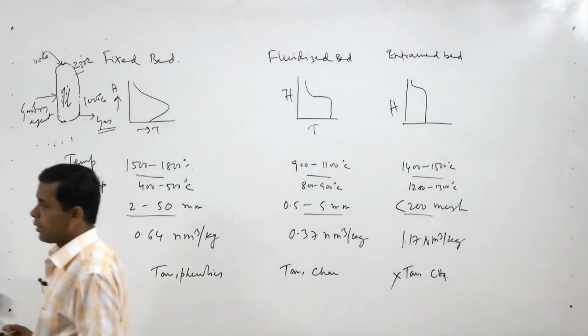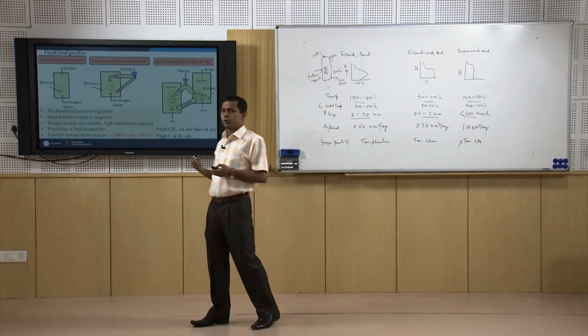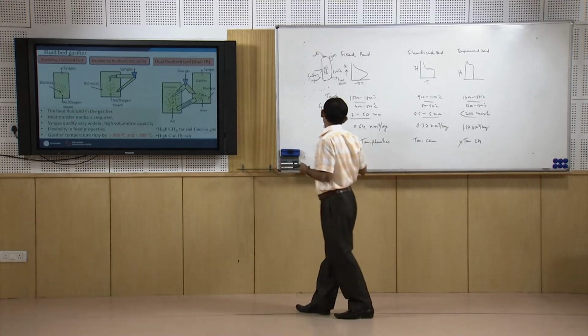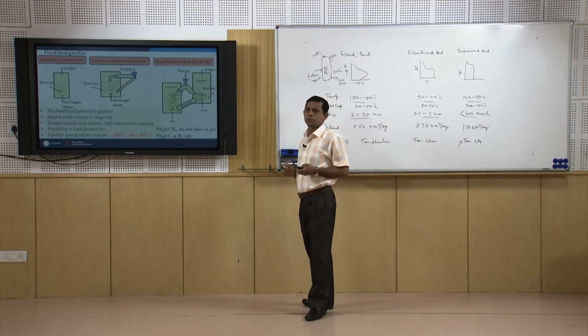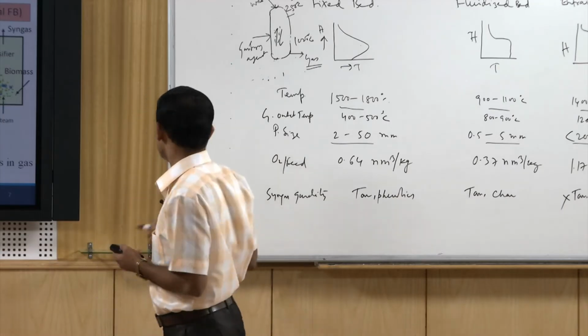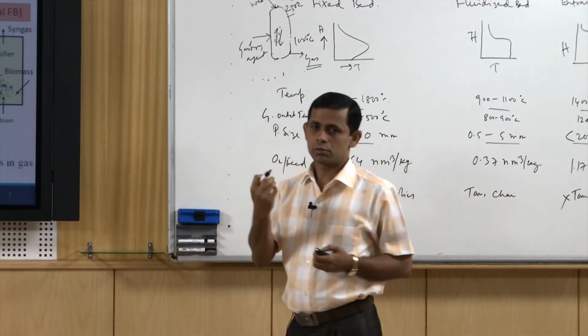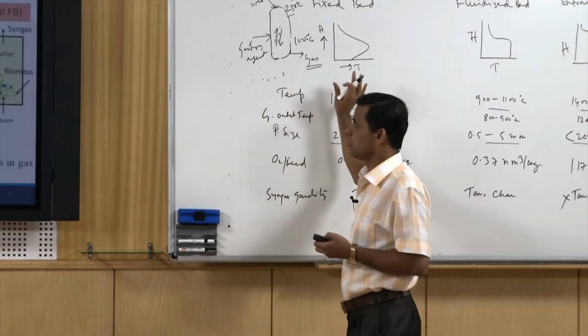Now, we will see the fluidized bed gasifier. In the fluidized bed gasifier, the temperature is lower than the fixed bed, within 500 to 900 degree centigrade, and the particles are also smaller than, or almost similar to, the fixed bed.